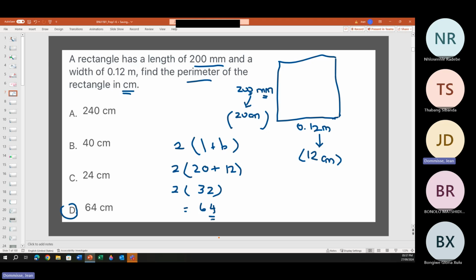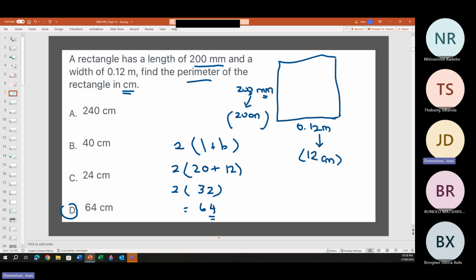But yeah, the most important thing here was that they were testing that we know how to change the measurements. And that is also important, even if they don't ask it as straightforwardly in the exam.